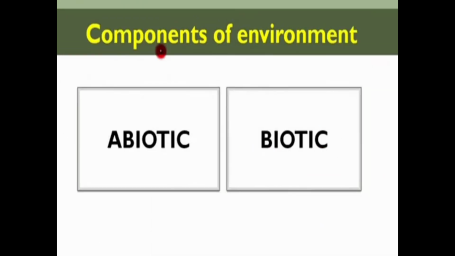Now, components of environment. There are mainly two components of environment: abiotic components and biotic components. Abiotic components include all the non-living things, and biotic components include the living things.